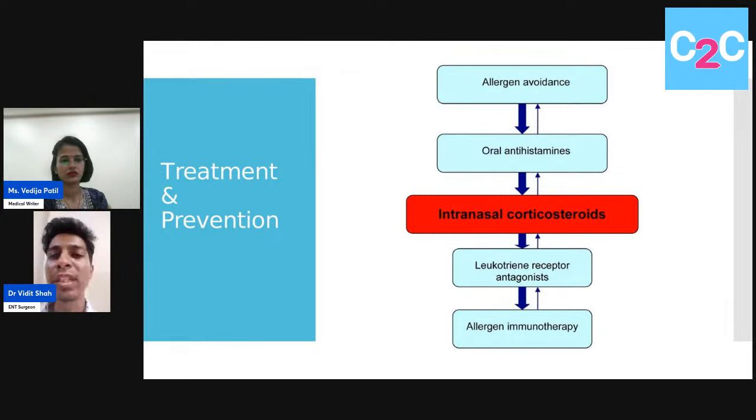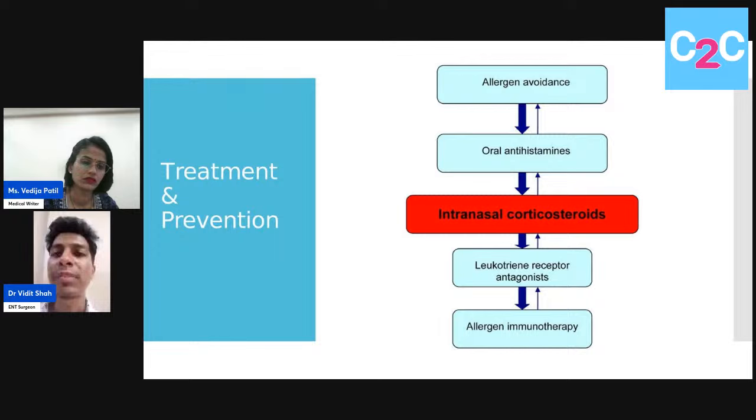Montelukast is a very important ingredient in the management of allergic rhinitis patients, because it acts on the chest receptors, because of which the allergic rhinitis cannot trickle into your chest, causing an allergic asthma issue, and it can also prevent the recurrence of symptoms to a large extent. So a combination of levocetirizine with montelukast or fexofenadine with montelukast is what I usually prescribe to my patients, and I've seen wonderful results.